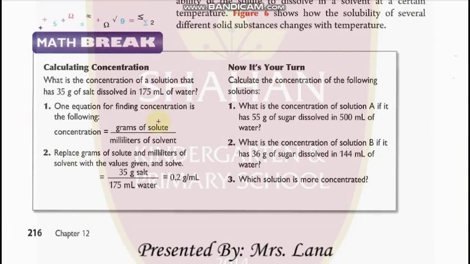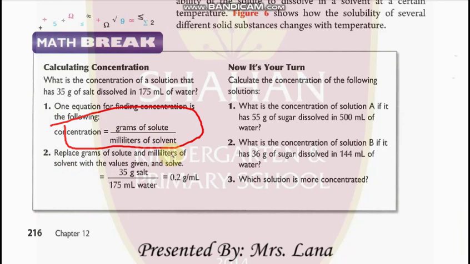This is the math break, calculating concentration. How do we know the concentration of these solutions? What is the concentration of a solution that has 35 grams of salt dissolved in 175 ml of water? We have this equation. Please memorize it: concentration is grams of solute per milliliter of solvent.